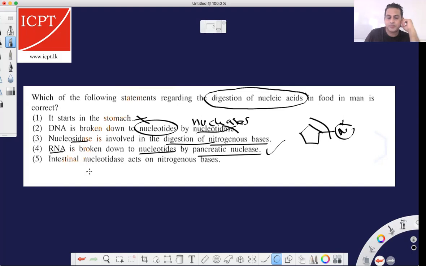And the fifth one, intestinal nucleotidase acts on nitrogenous base. So nucleotidase acts on nucleotides to remove this phosphate, not on nitrogenous base. So we can take the fourth one as the right answer for this question.